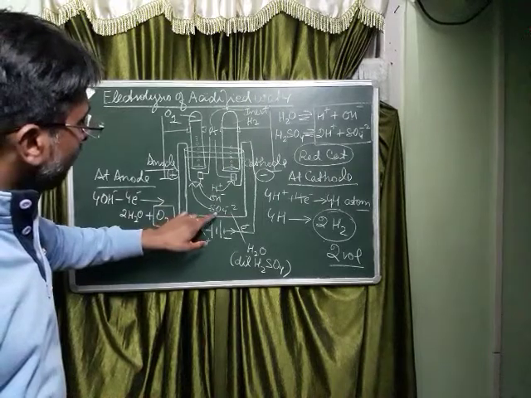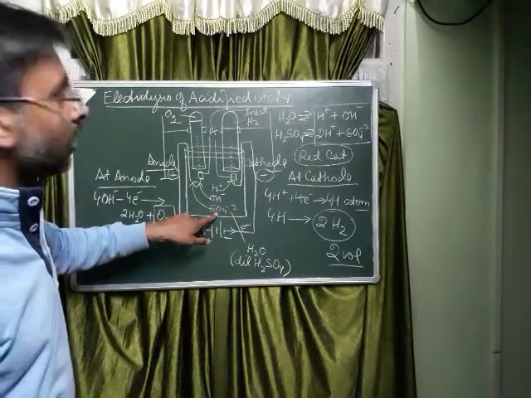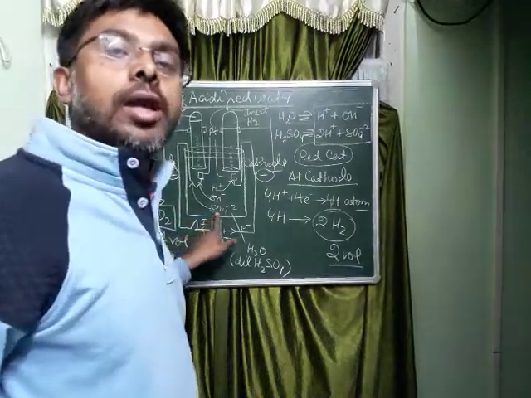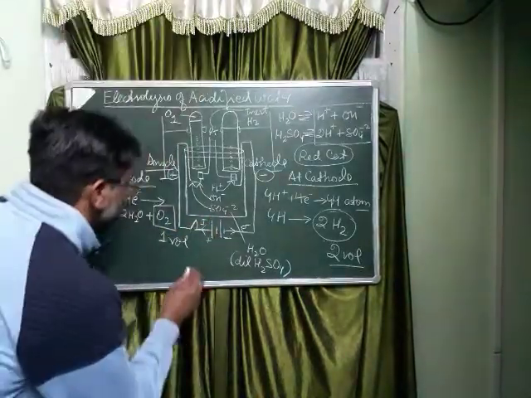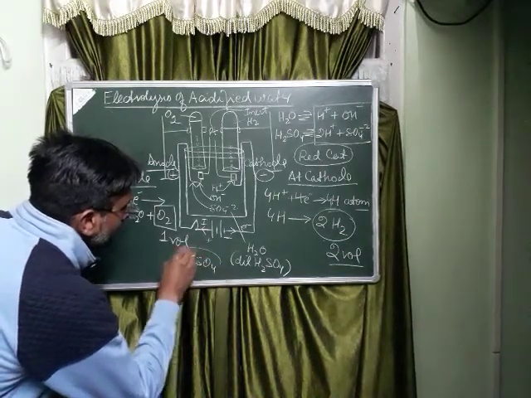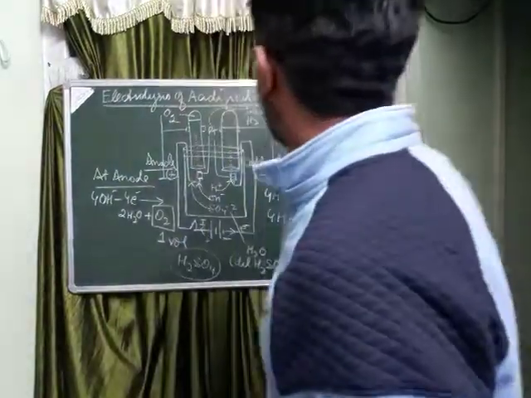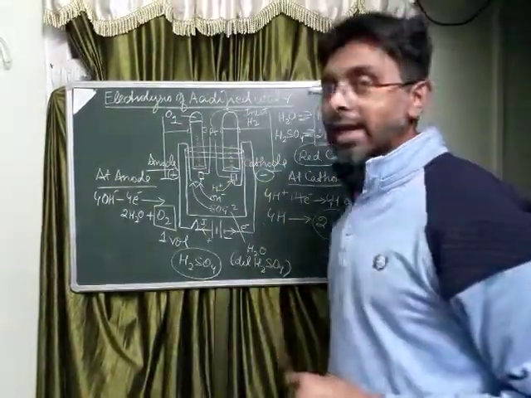Now this sulphate remains over there. It combines with any other undischarged hydrogen ions to give back sulfuric acid. That is why we say electrolysis of acidified water is also an example of catalysis.